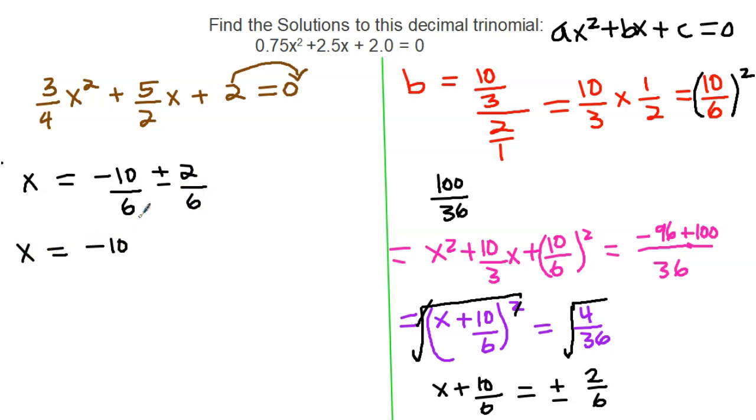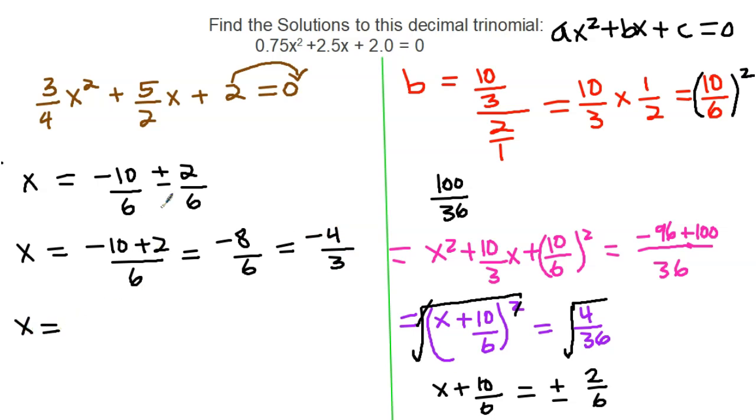So negative 10, we consider the plus first, so plus 2 over 6 will be negative 8 divided by 6. We simplify, dividing both by 2, we get negative 4 over 3.